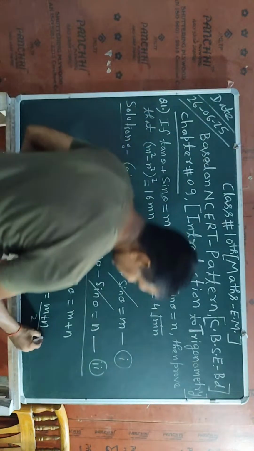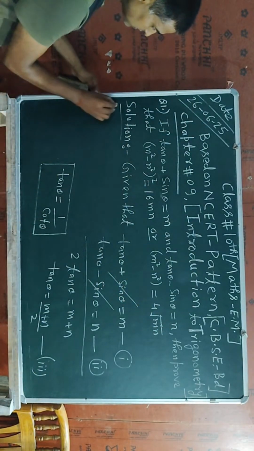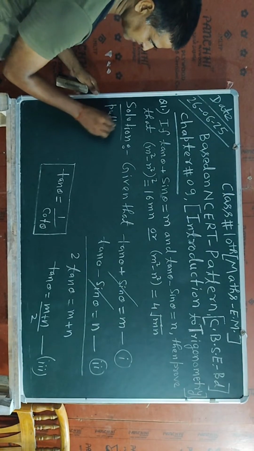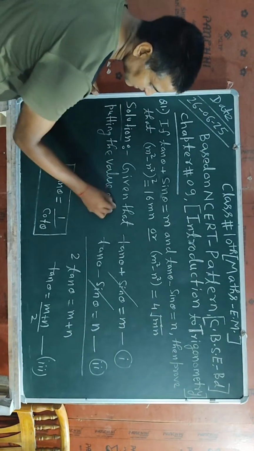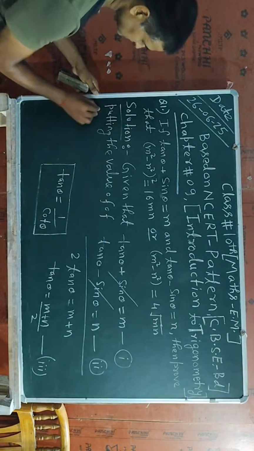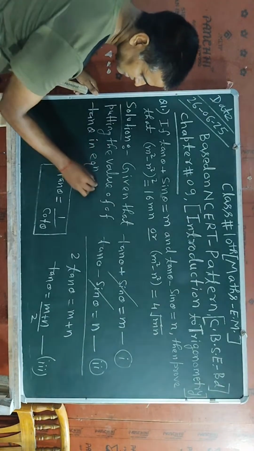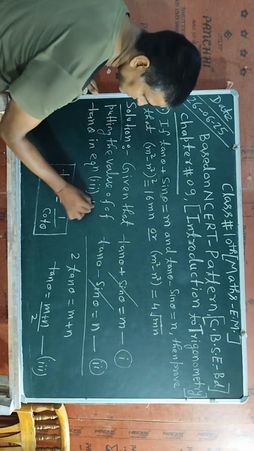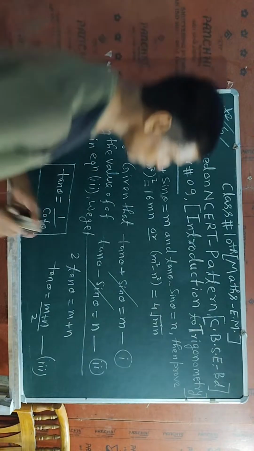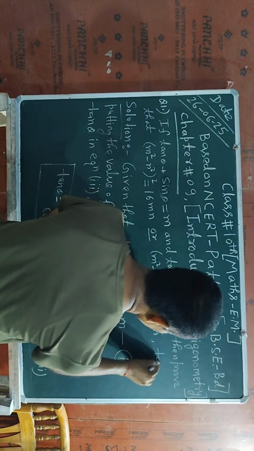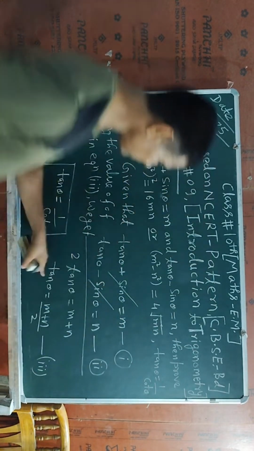Here this is equation number 3, and I will write the statement properly: putting the value of tan theta in equation number 3, and then we get. Tan theta I can also write as 1 divided by cos theta.